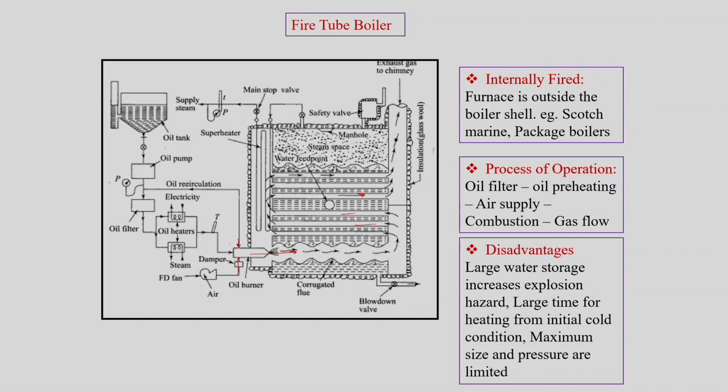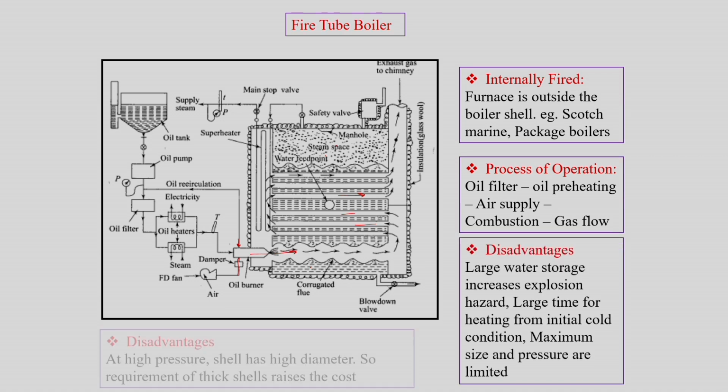Further, if we want the pressure to be increased, then accordingly our material cost would also increase. High pressure in the boiler makes it a pressure vessel, and this pressure vessel needs to have very high wall thickness, since it has to sustain the higher pressure of the steam.